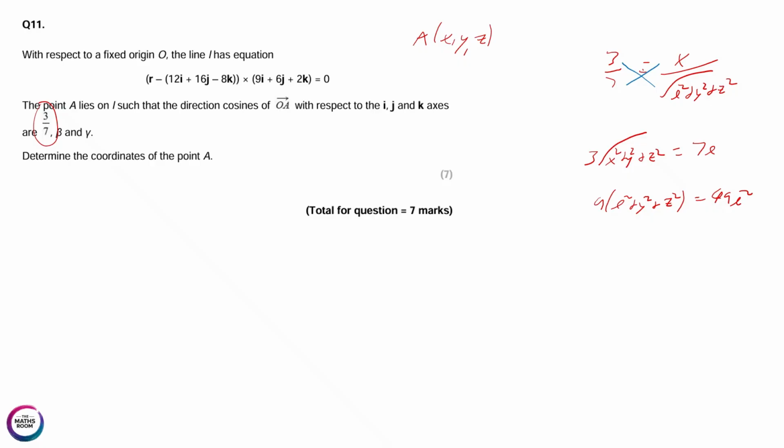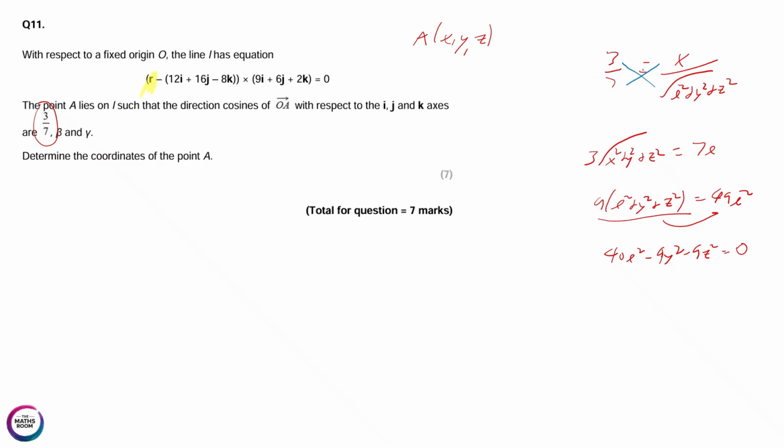Okay. What can I do? Let's move all of this onto there. So I get 40x squared minus 9y squared minus 9z squared must equal 0. I'm trying to find x, y, and z, remember. Now, because the point A lies on the line, what I'm going to do is replace my r with my x, y, z.